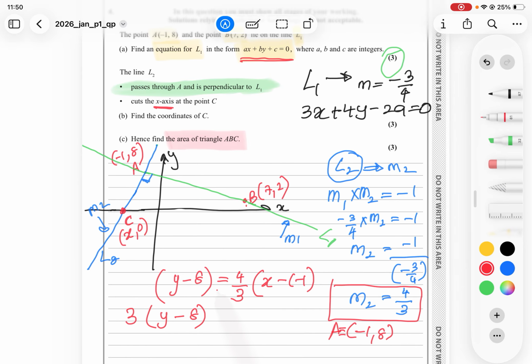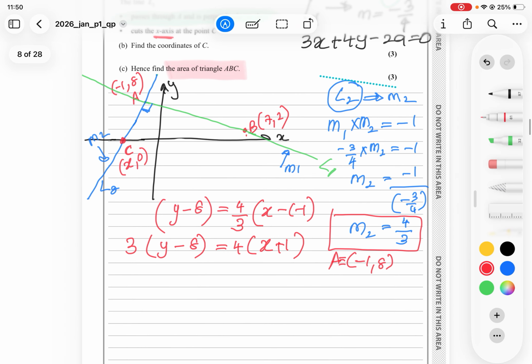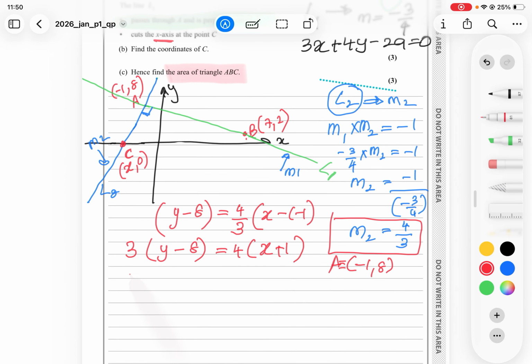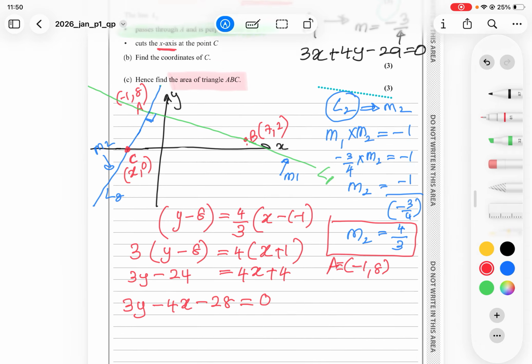I'll multiply by 3 as in the previous one. So now it would be 3y minus 24 equals 4x plus 4. So our final answer would be 3y minus 4x minus 28 equals 0, because they are asking it in the same form.